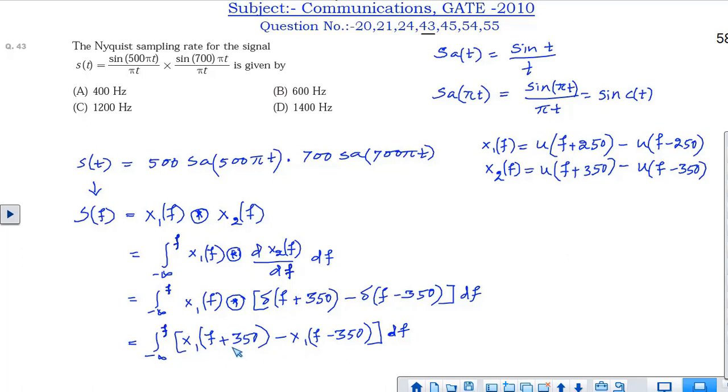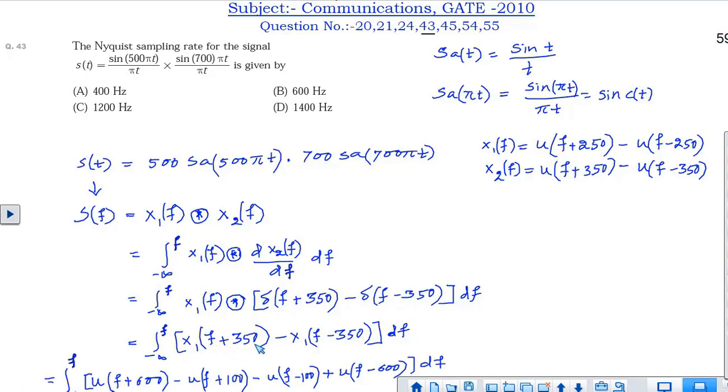Now this X1(f) we already know. So what will be X1(f+350) and minus X1(f−350)? In X1(f+350), 350 will be added here, and 350 minus 250 will be there.